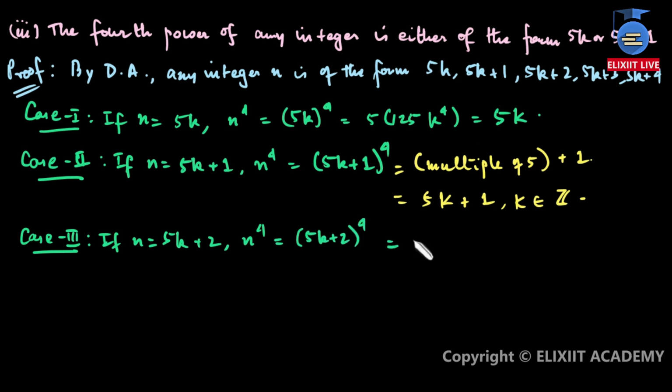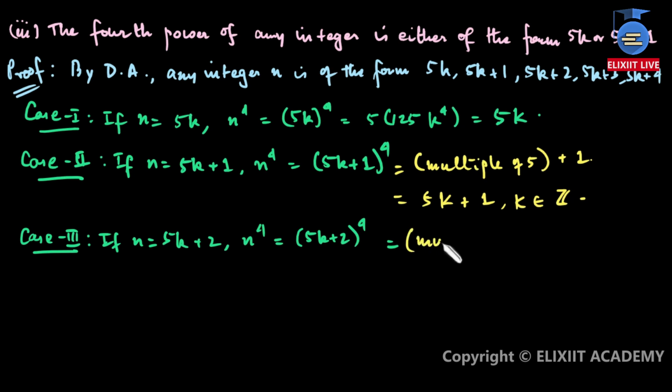If you expand this thing, just like the previous manner, you will get a multiple of 5 plus, at the last there will be one more term, which is 2 to the power 4, which is 16. Plus 16 is your remainder.